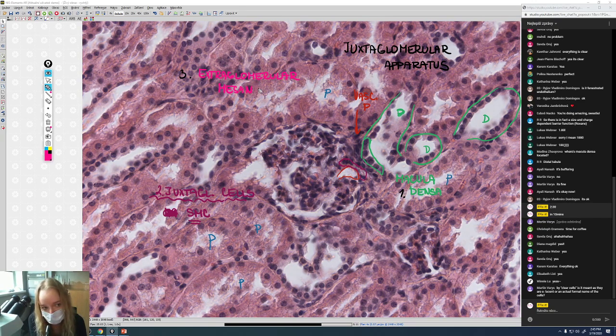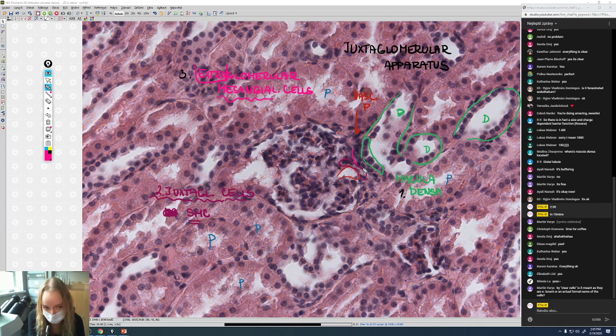And you already know mesangial cells because we described them earlier. These cells are also like mesangial cells. They're the same, but they're located extraglomerularly. That means that they're outside of the glomerulus right here.